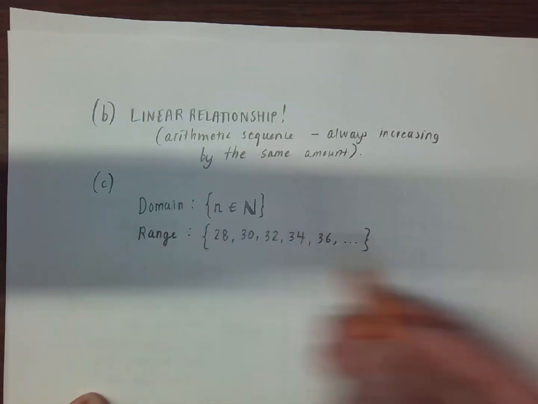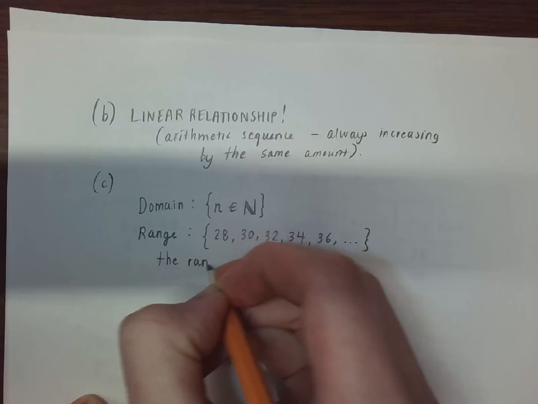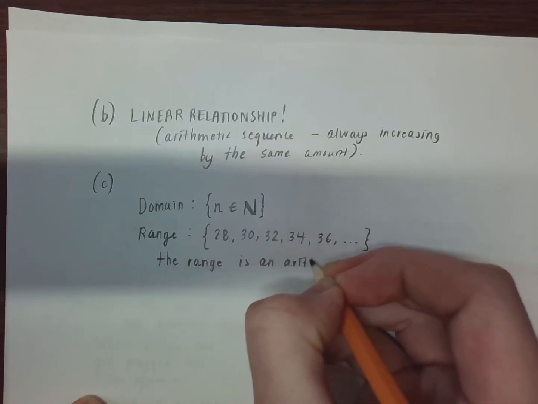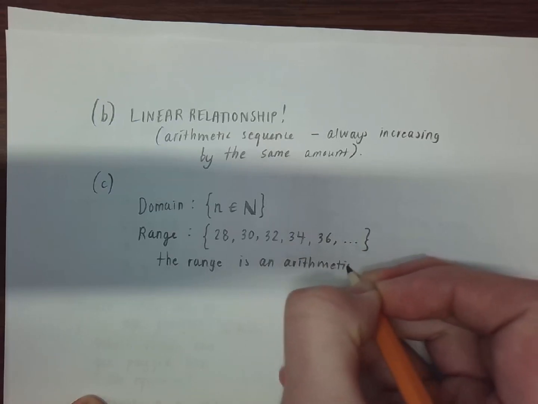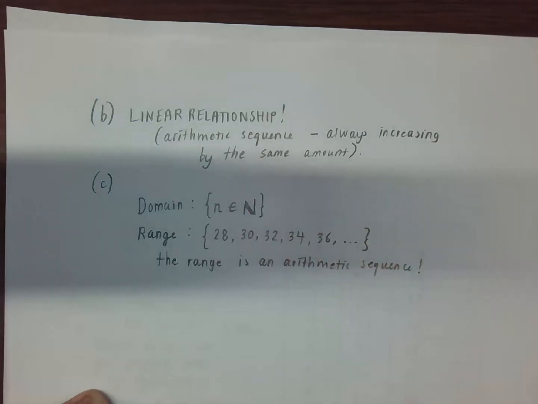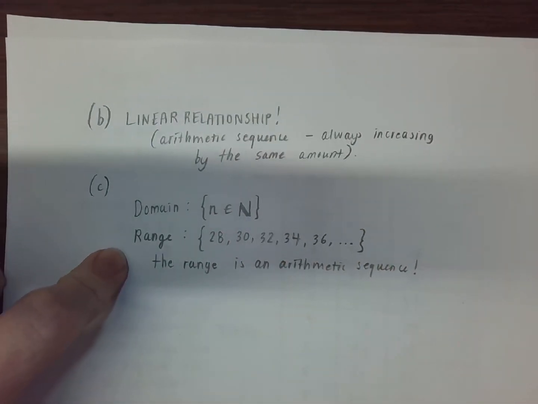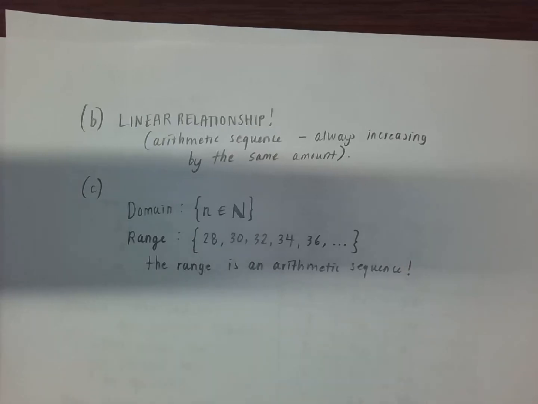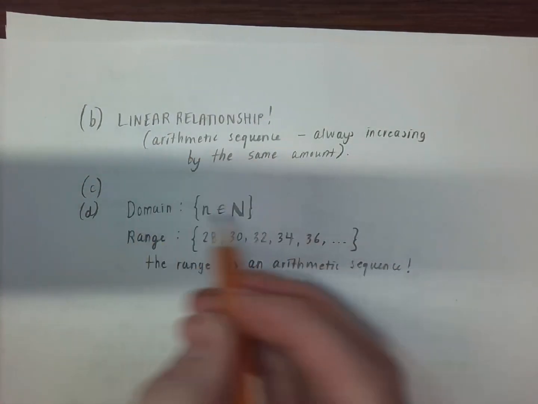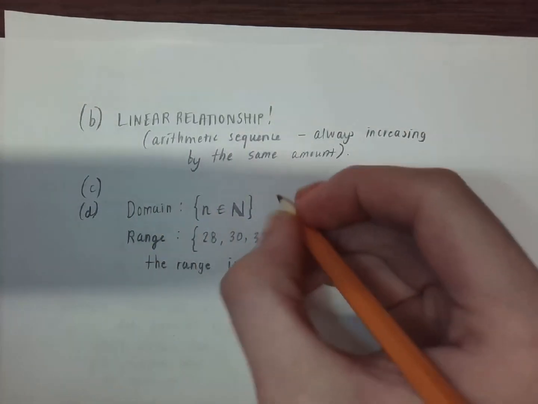And the range is an arithmetic sequence. Perfect. Yes, the range is an arithmetic sequence. The domain, state the domain of the relationship. Well, yeah, where n is from the set of all natural numbers.